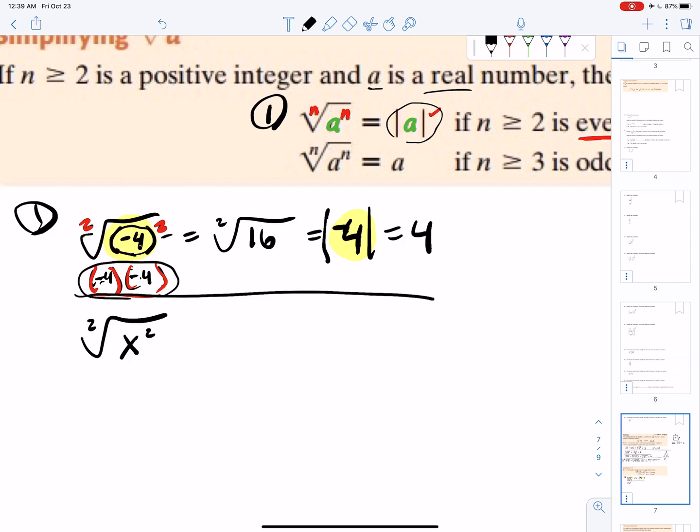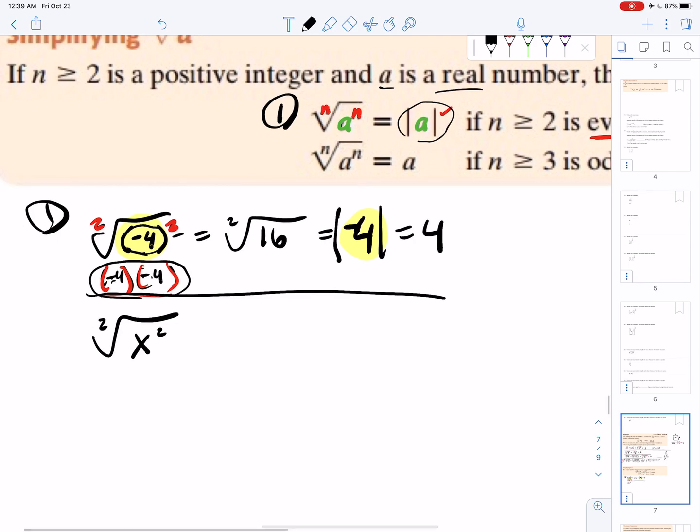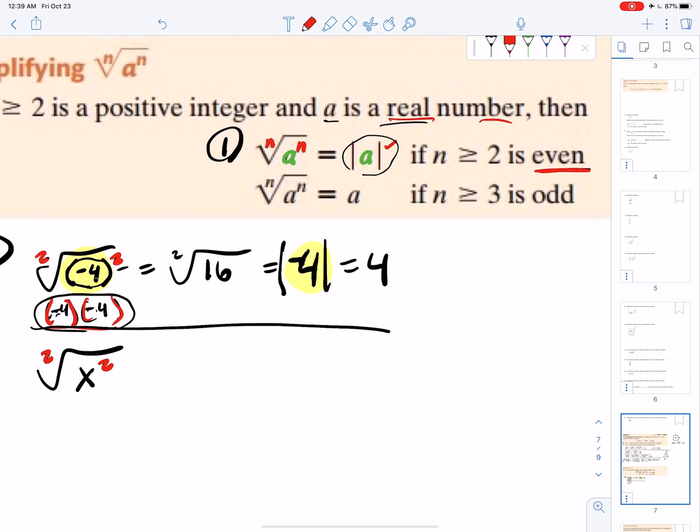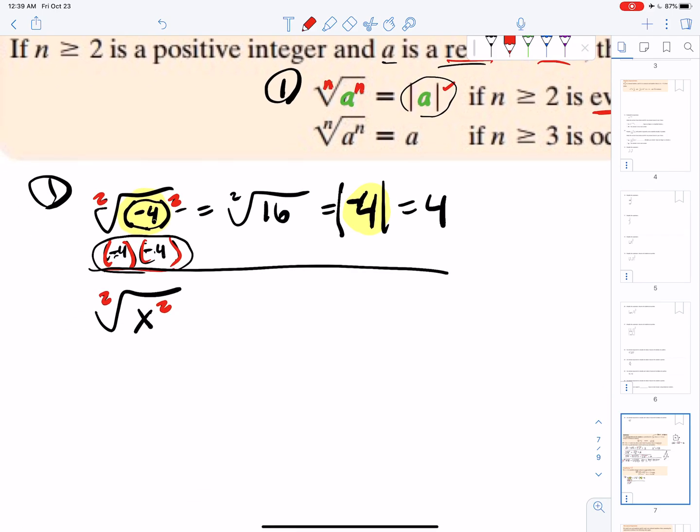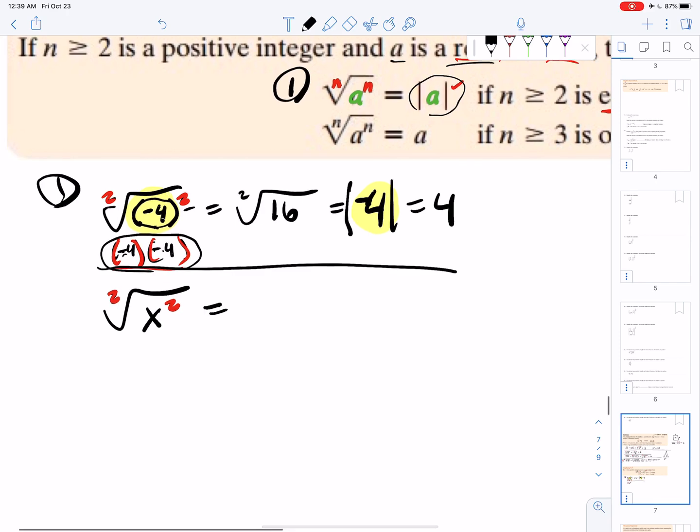Like I said, we usually don't miss that when it's a number, because you can see a negative times a negative. But when it's an x value and you don't know if x is positive or negative, it's easy to miss. So when you have an even root index, and we don't know if the x value is positive or negative, because they say it's a real number, then when we simplify, we have a power of 2 and an index of 2.